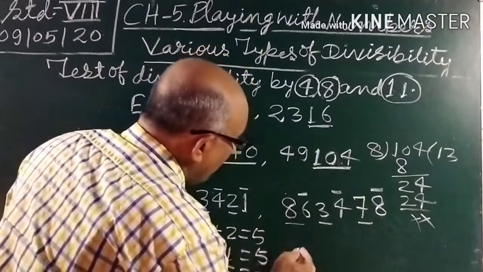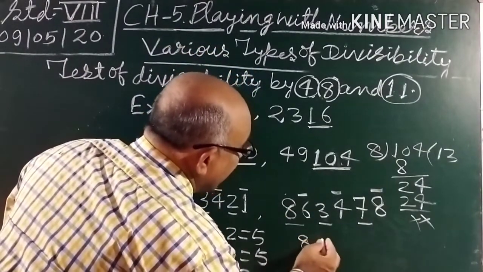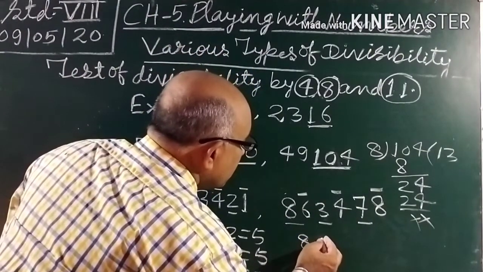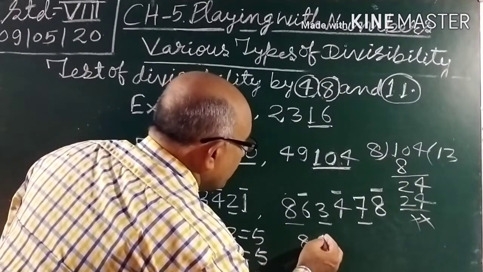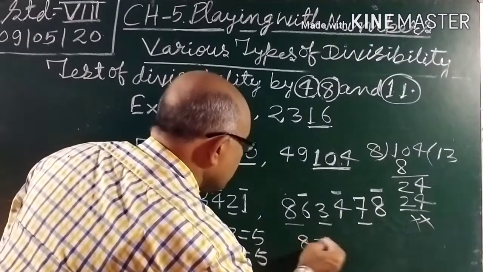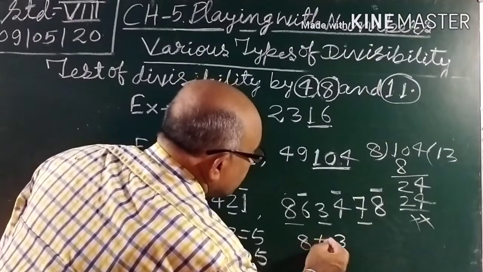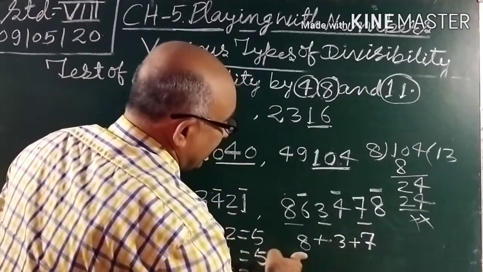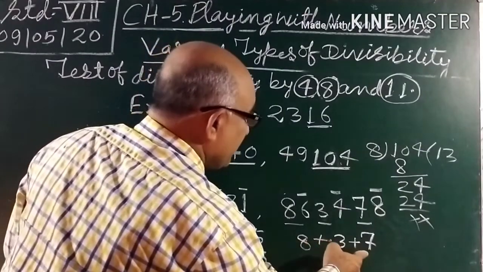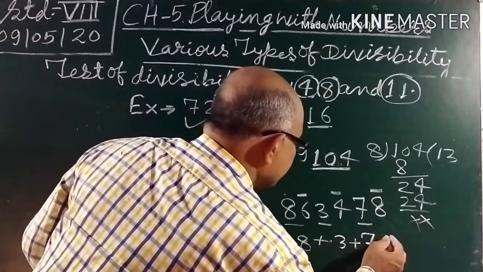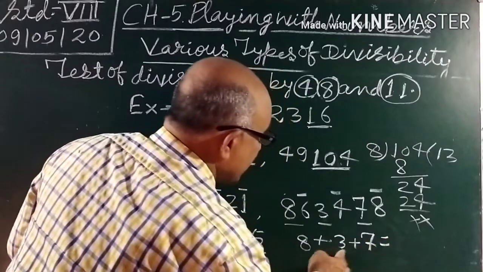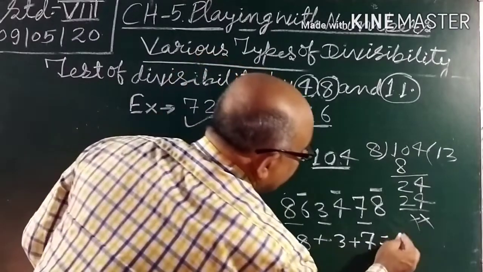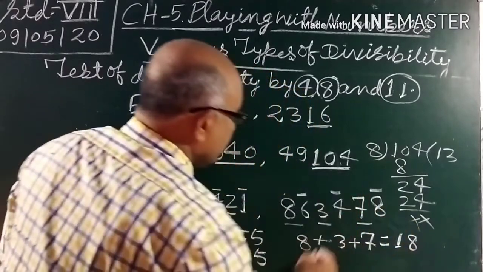Sum of the odd place digits is 8 plus 3 plus 7, which is 7 plus 3, 10, 10 plus 8, 18.